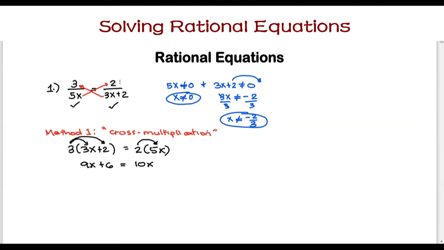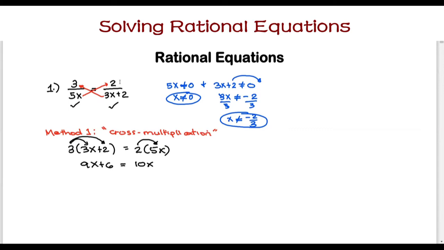How do we solve a linear equation? I-isolate lang ninyo yung may mga x, tapos yung wala namang x sa kabilang side. Saang side natin ilalagay yung mga terms na may x? Actually, kahit saang side. Pili lang kayo. Pero ako, tinitingnan ko kung nasaang side yung may pinakamataas na coefficient ng x, para ma-avoid ko ang negative coefficient.